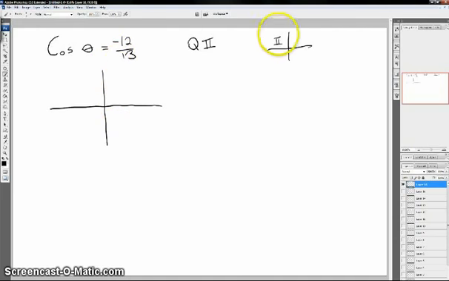I know that this thing is in quadrant 2, so I can draw a line of length 13 in quadrant 2. I also know that the adjacent to this angle, so let's call this angle theta here, we know that the adjacent to that angle is negative 12.